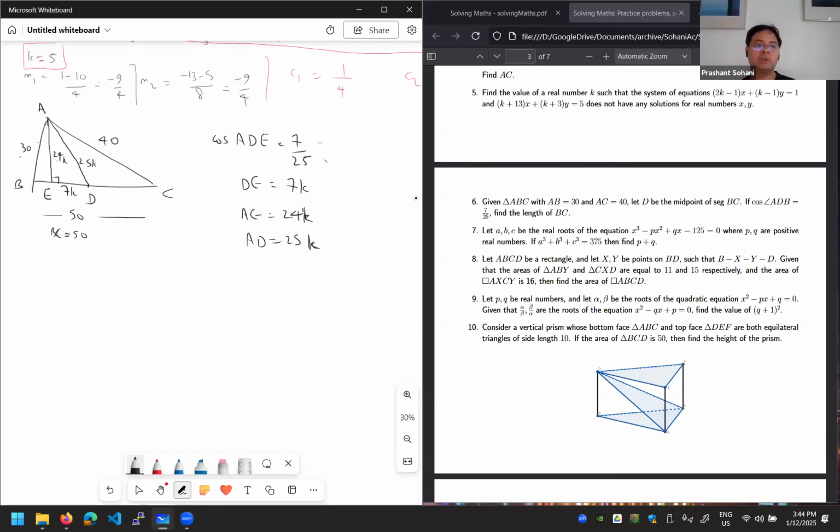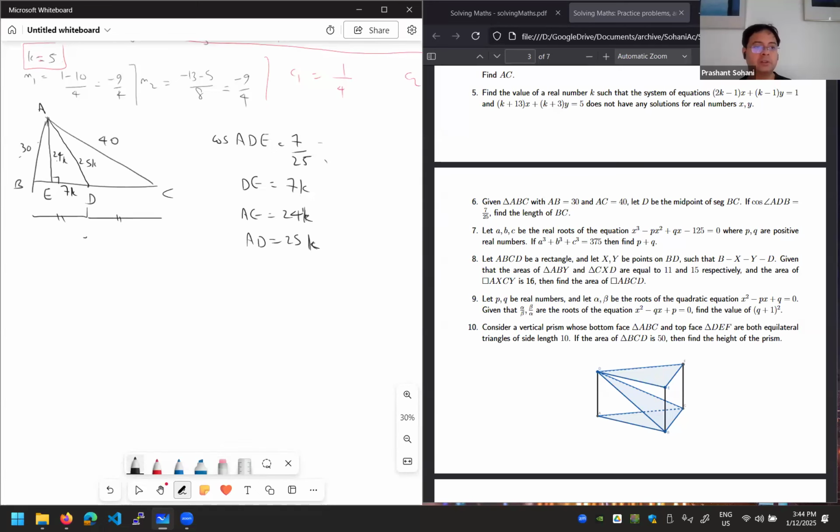Okay, and then what we have is the lengths of AB and AC given to us. And we also don't know BC right now. And D is the midpoint, so the distances from D to B and from D to C are equal. So let us give that some other letter.